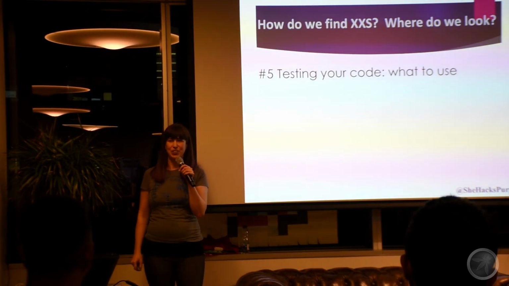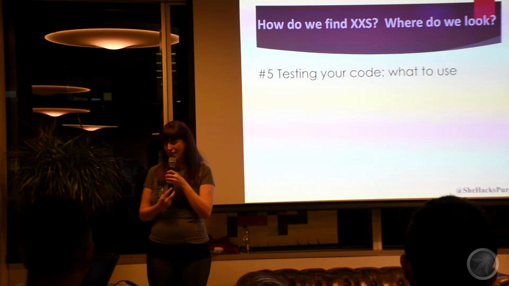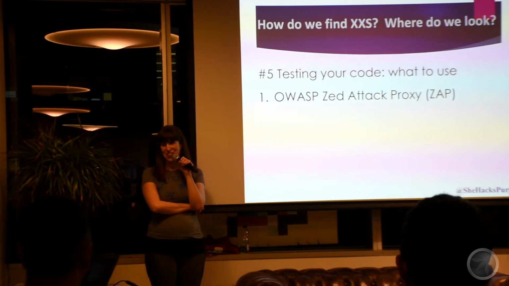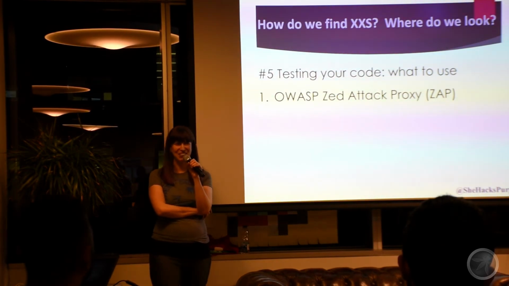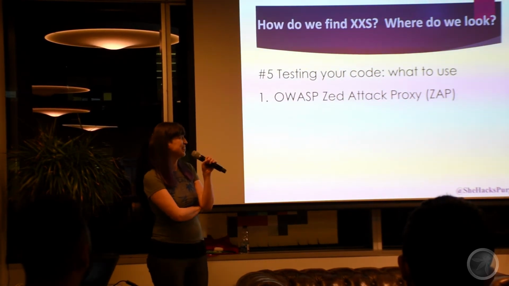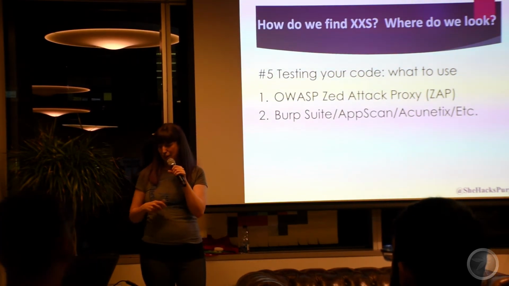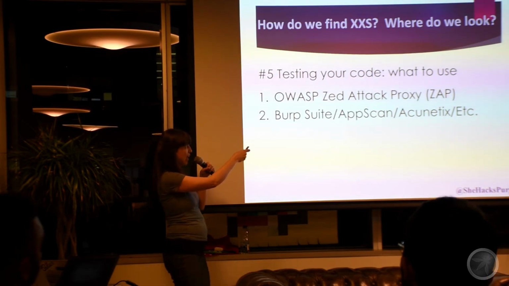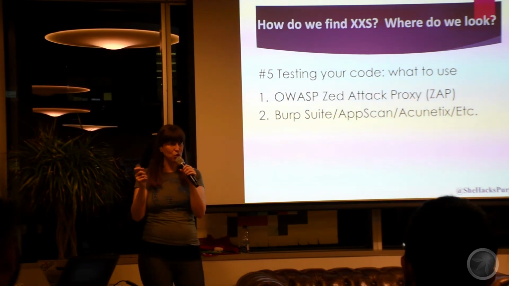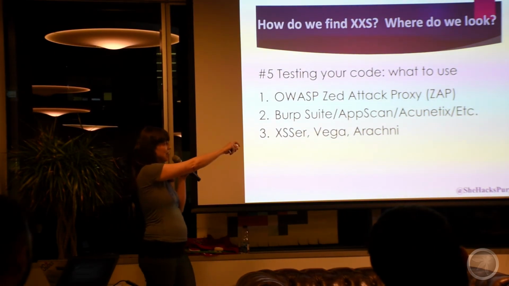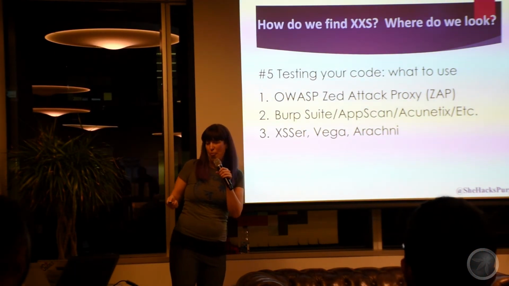And what else do we do? We test our code. Obviously the number one thing I think you should use is the OWASP Zed Attack Proxy, affectionately referred to as ZAP. But there are other options. There are paid options like Burp Suite, AppScan, Acunetix, etc. There's a whole bunch. And there are free ones like XSS, Vega, Arachni.